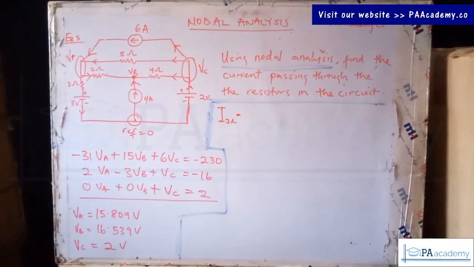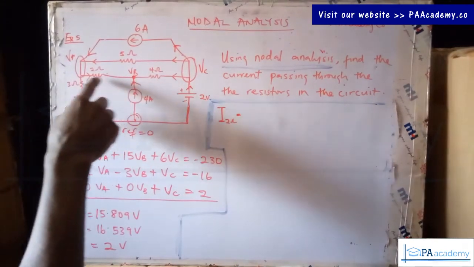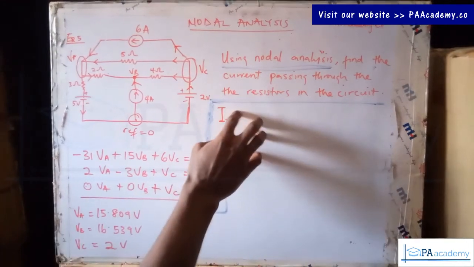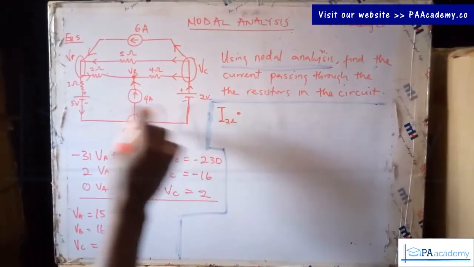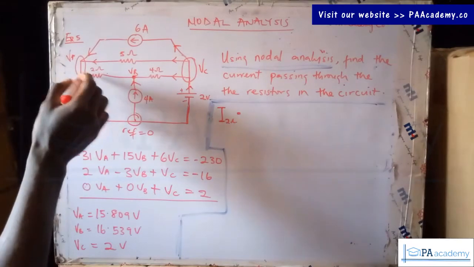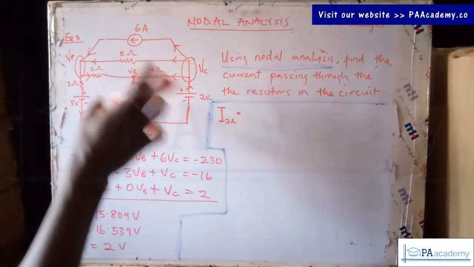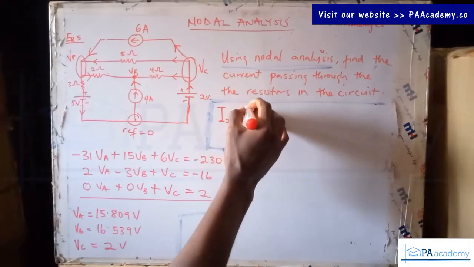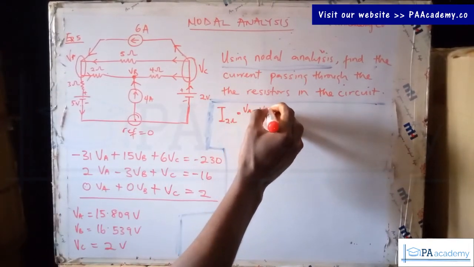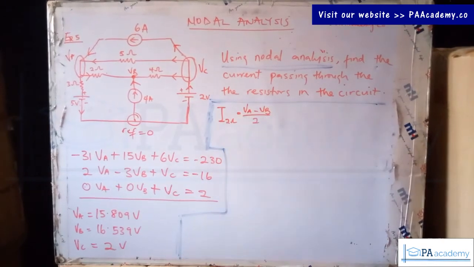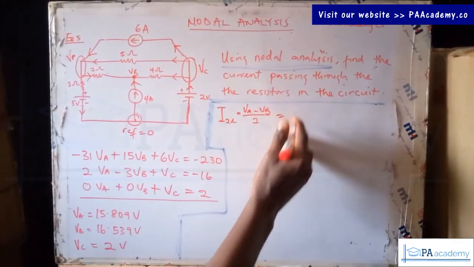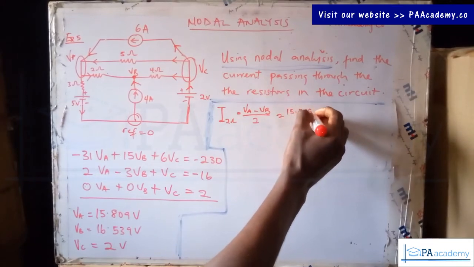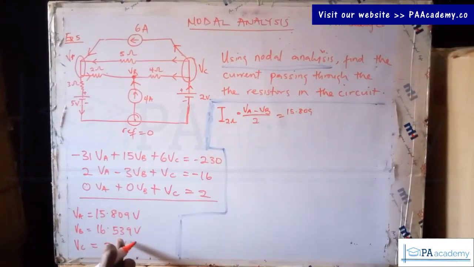So if in doing that, you look at this particular branch where that 2 ohm resistor lies. So you write the current equation based on this direction. Now you can see the direction, the same direction we used to solve the question. Now we have VA, VB, and VC. So it is VA minus VB divided by 2. So that means our VA is 15.809, and our VB is 16.539.